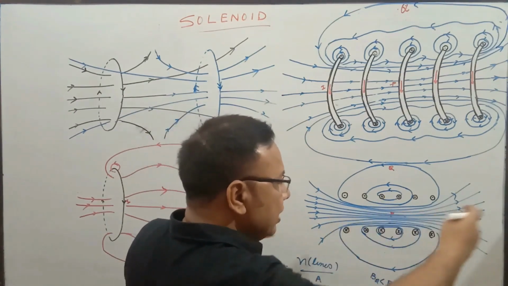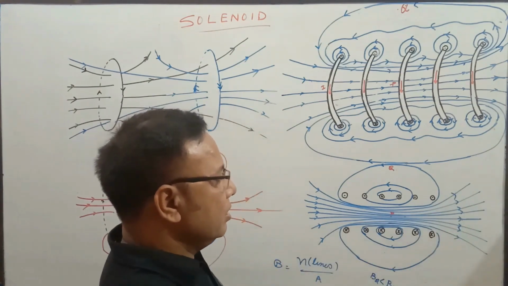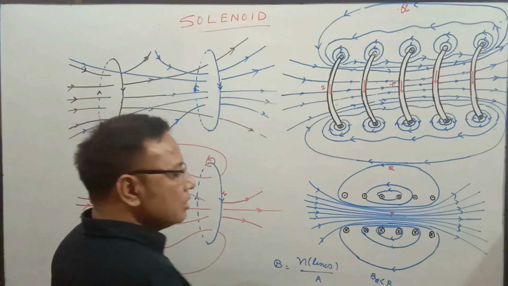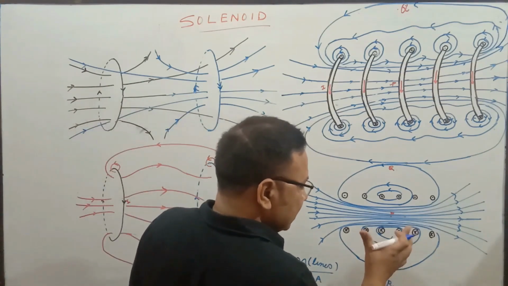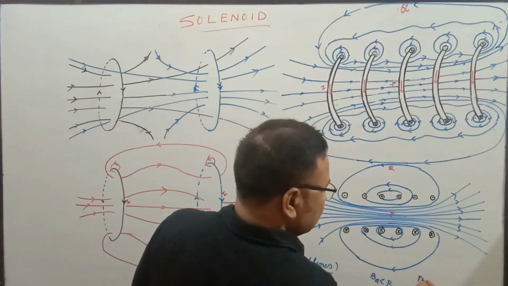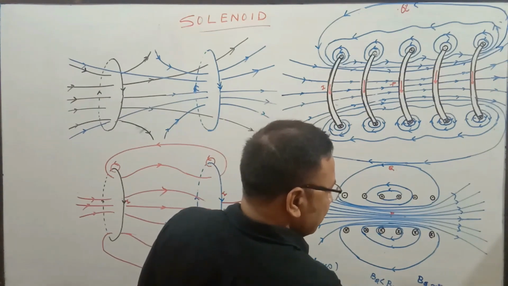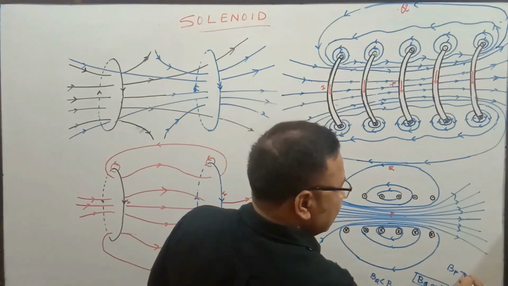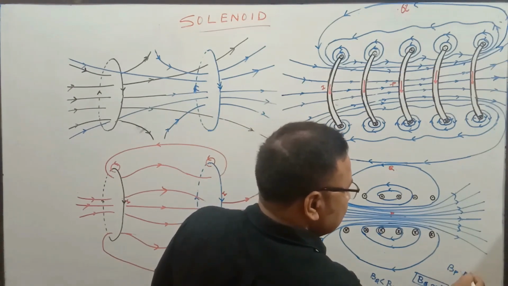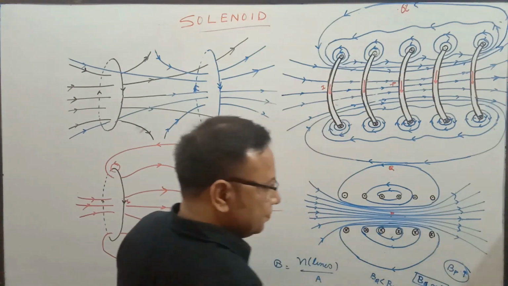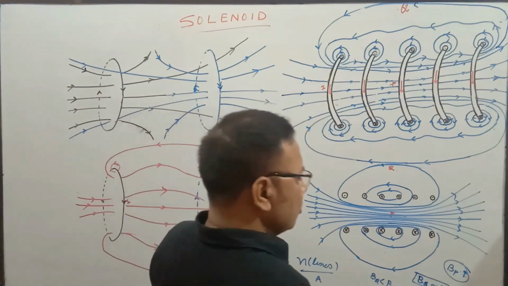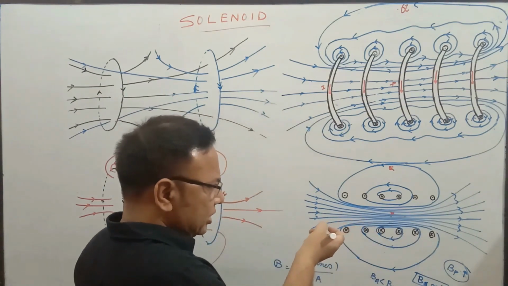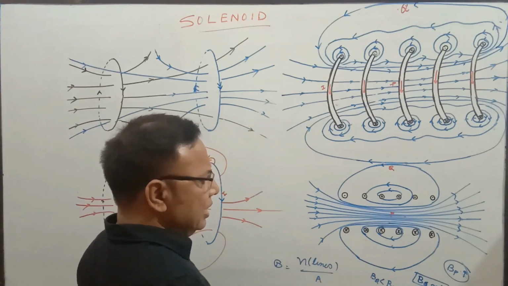And with the increment in length of the solenoid, or for an ideal solenoid, this separation is increasing, and thus we can say the magnetic field outside is approximately equal to 0, and the magnetic field inside is going to increase with the number of field lines. It is very confined in a very small cross-sectional area, so we can say it's very, very large.